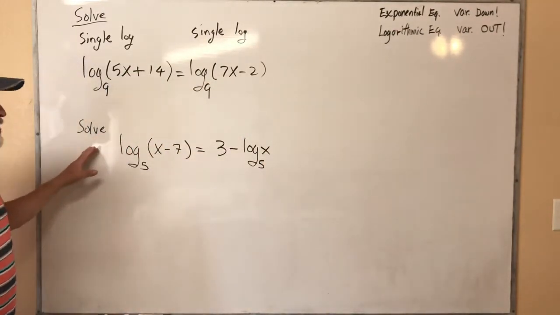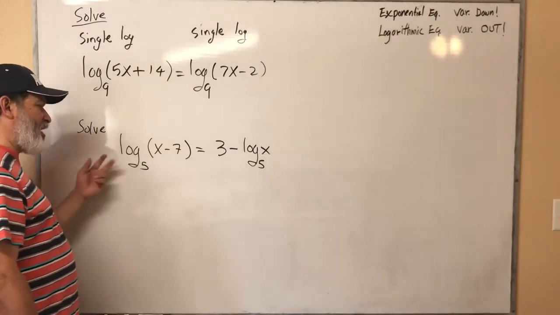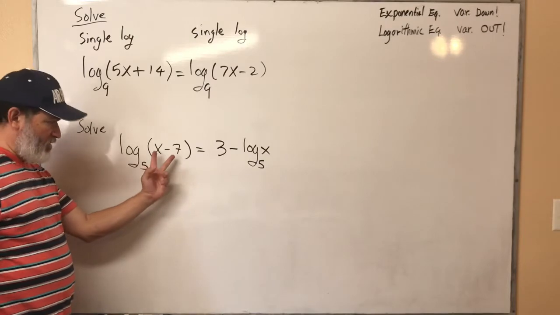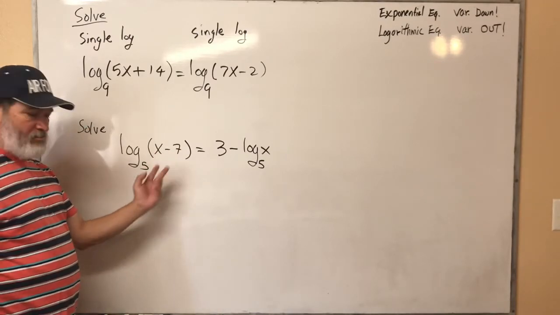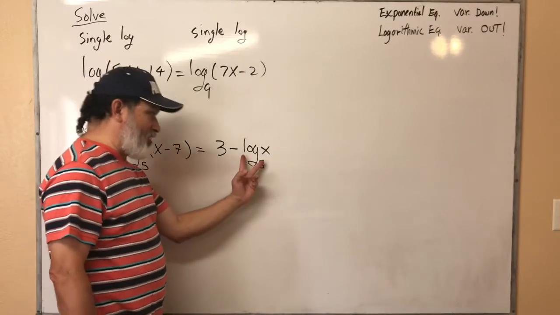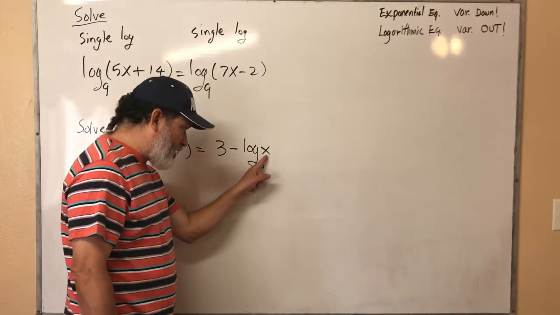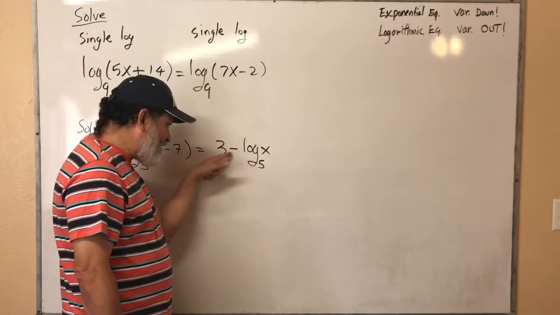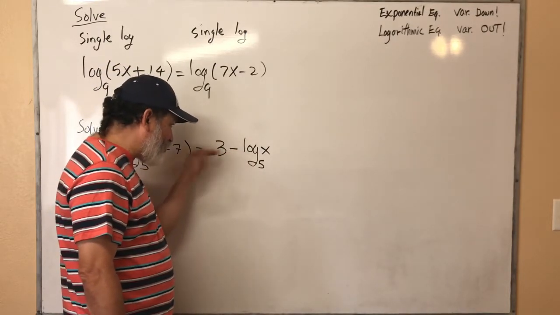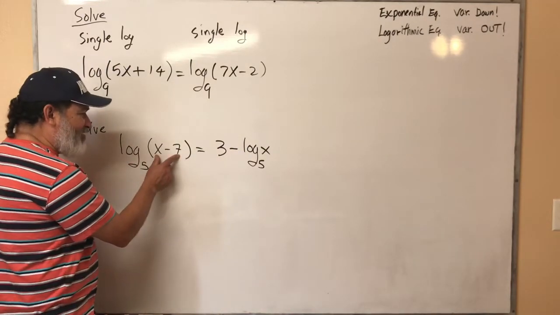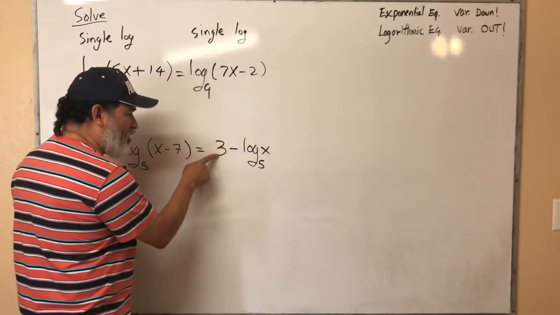This one, on the left hand side, we have a single log with its argument. Here we have a single log with its argument, but this negative log is added to 3, so therefore we cannot say x minus 7 equals x because of the 3 there.